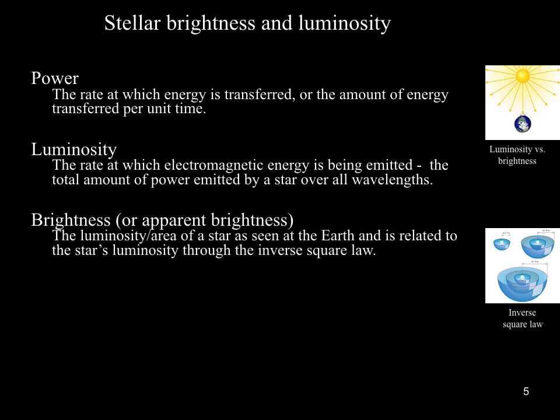There is a mathematical relationship that relates these quantities, apparent brightness, luminosity, and distance, for all light sources, including stars. Look on the bottom right: this is the inverse square law for light, and it is discussed in your textbook. Definitely worth looking at.